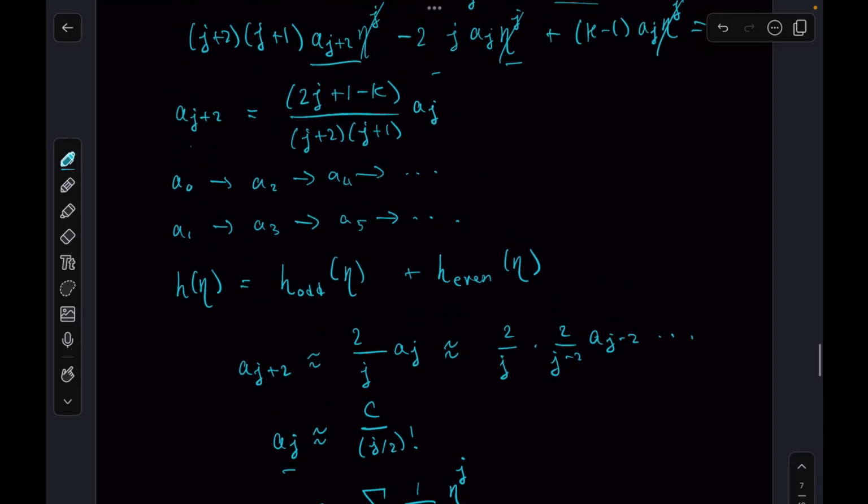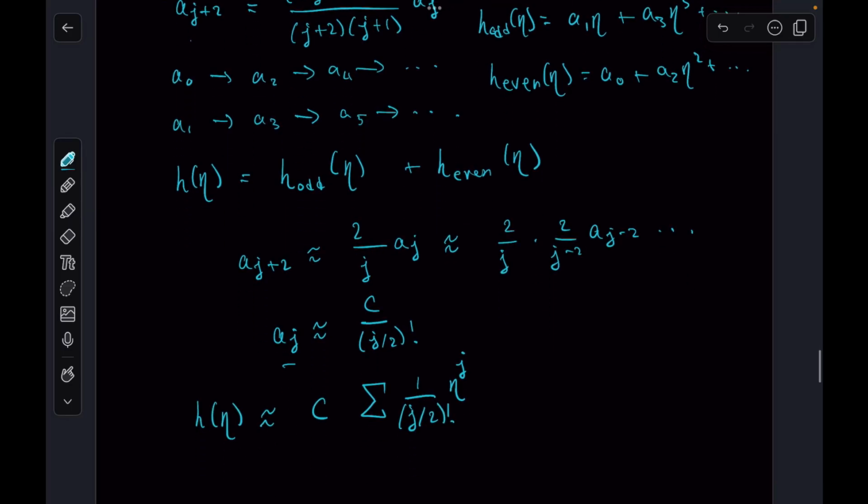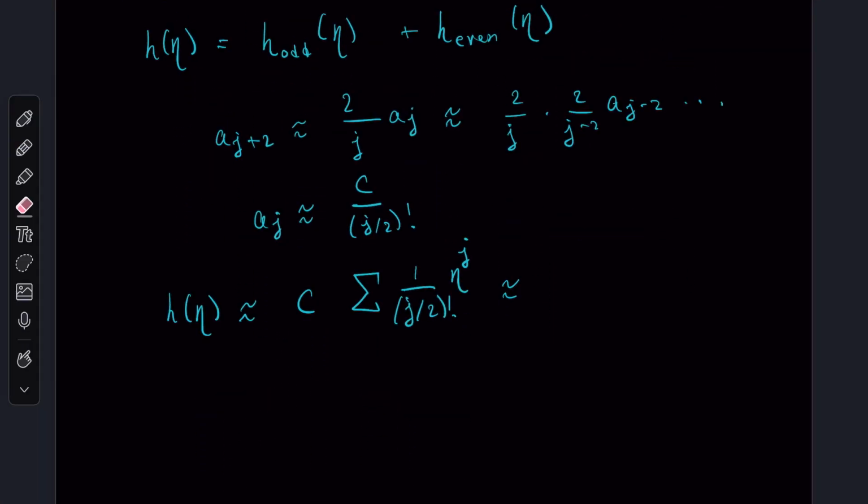So just for example, h odd of eta is all the odd powers, and so on. And then h of the even ones are likewise just the even powers.